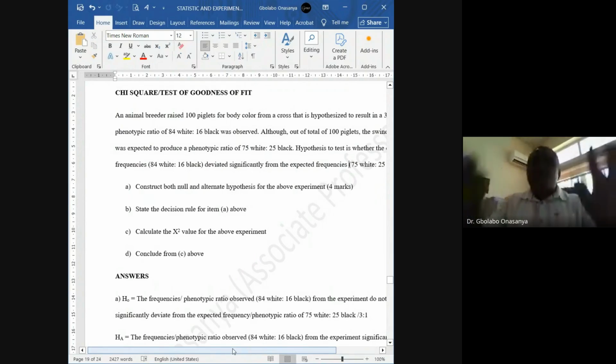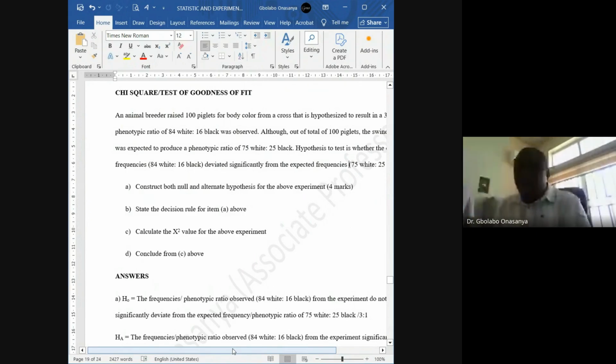If there's no discrepancy between the observed and the expected, we establish goodness of fit, meaning that the population is in equilibrium. Nothing is causing it off balance. Am I speaking sense?